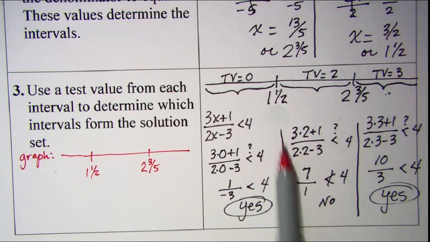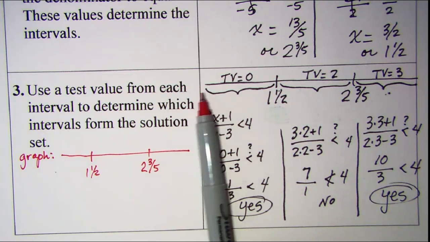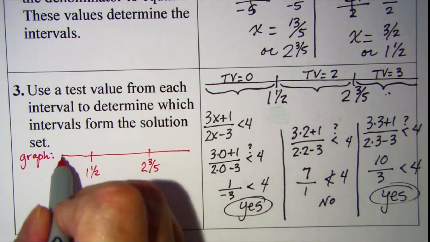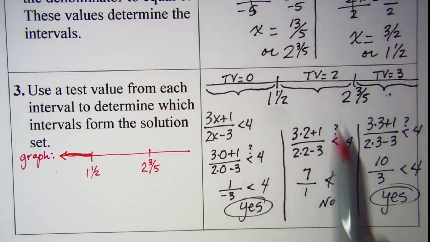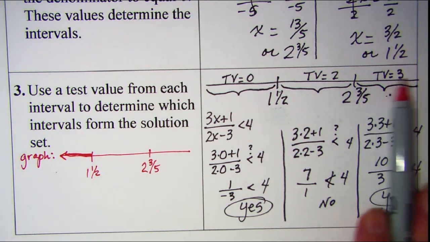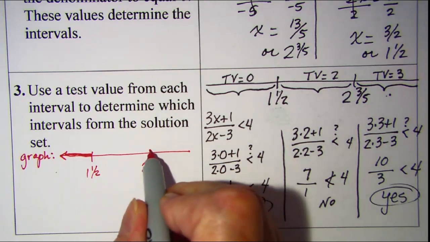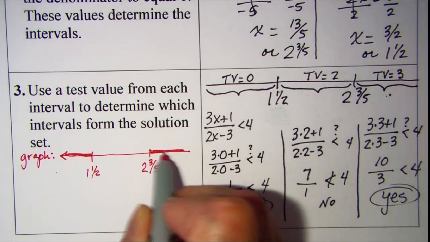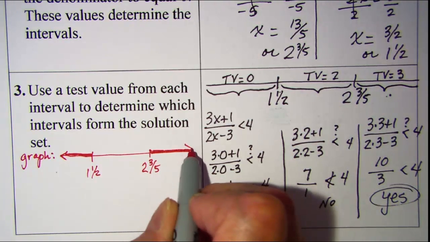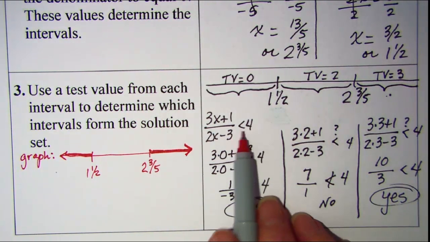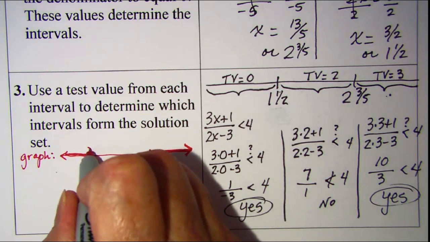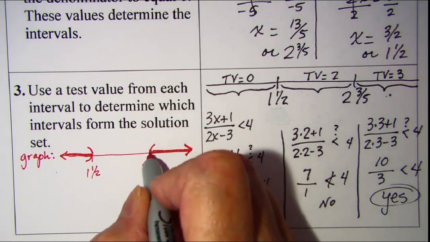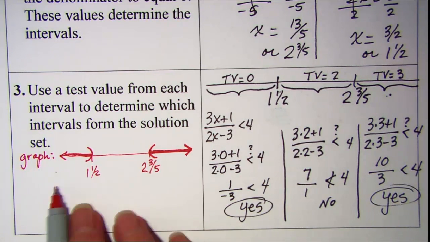And our solution looks like the interval from negative infinity to 1.5, and the interval from 2 3/5 to infinity. Now notice I'm not putting my parentheses or my brackets on yet because I need to check. Since this inequality is strictly less than, I wouldn't have a need for a square bracket in either one of these spots. So I have parentheses on both. So this is the graph.